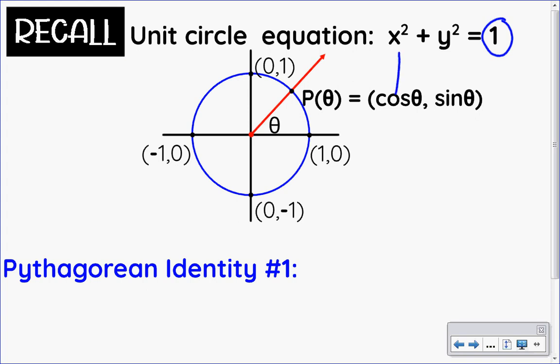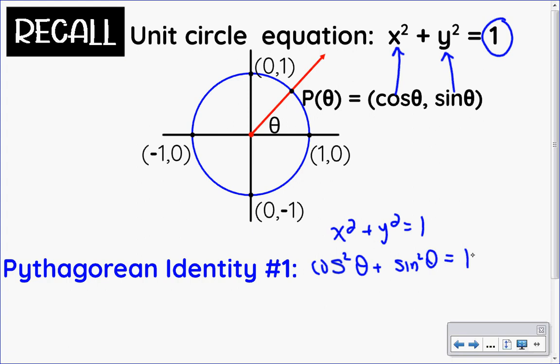So I'm going to simply replace x with the x value and y with the y value, and come up with Pythagorean identity number 1. If I have x squared plus y squared equals 1, that will be the same as cos squared theta plus sine squared theta equals 1. And that is the Pythagorean identity, and now you know where it came from.